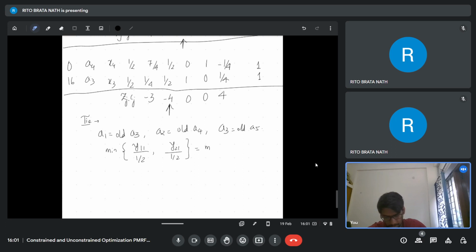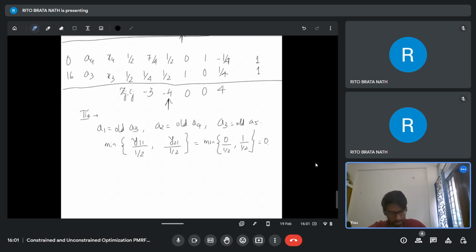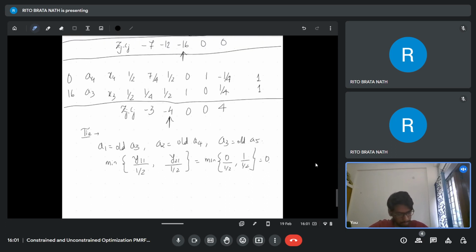So that's min of 0 by half, 1 by half. So that's 0. So that means what you have here is that A2, or the old A4, whatever you call it, will be your departing one.